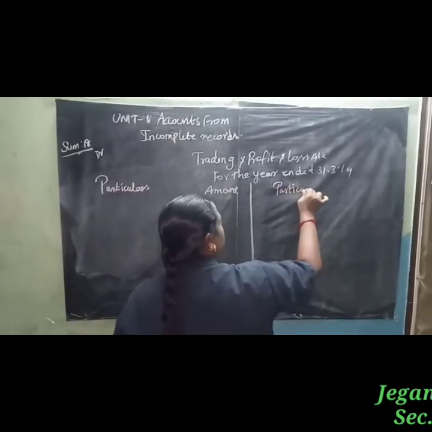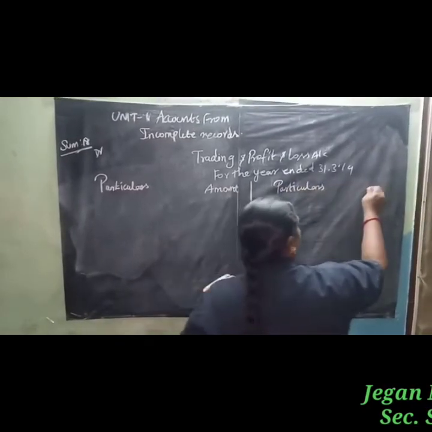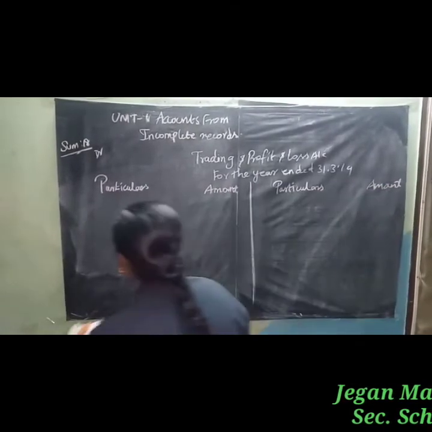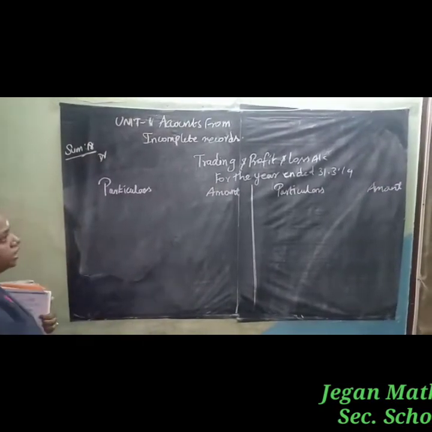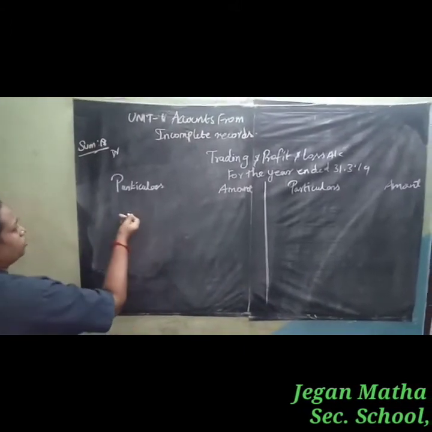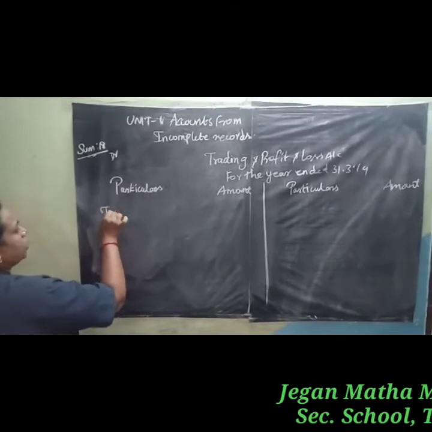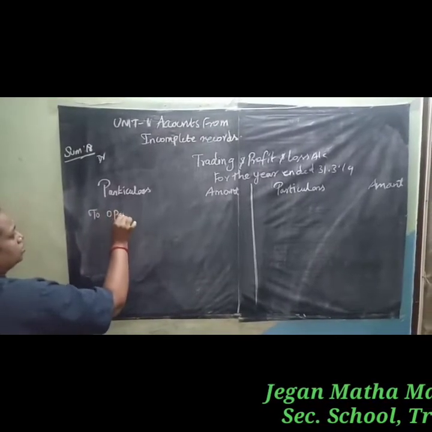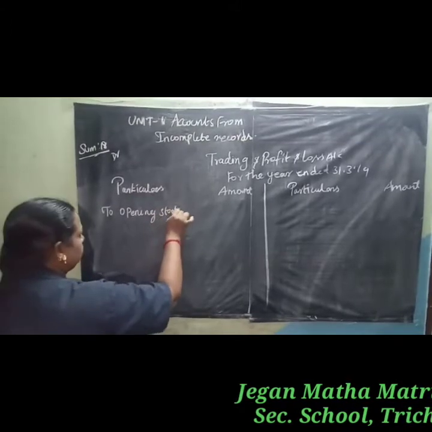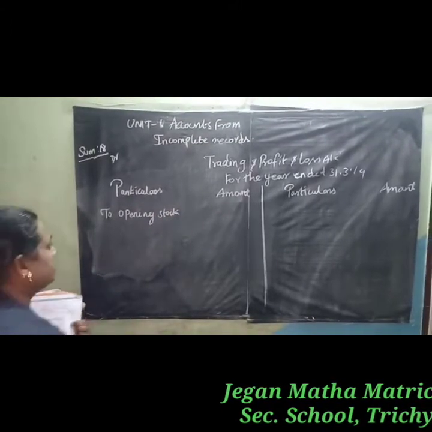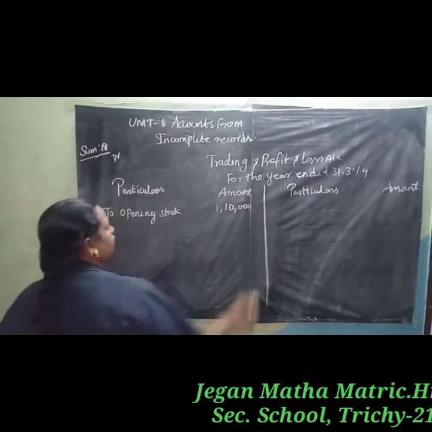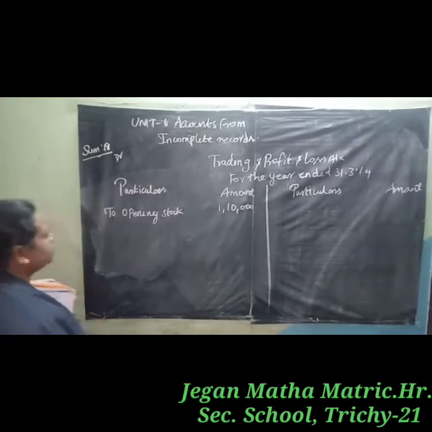You know the format. We already learned the trading and profit and loss account in the 11th standard. First we write opening stock, 1,10,000. After that we write purchases.